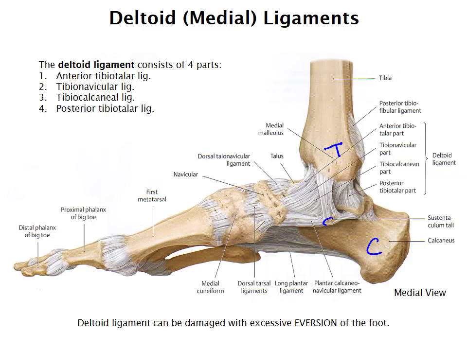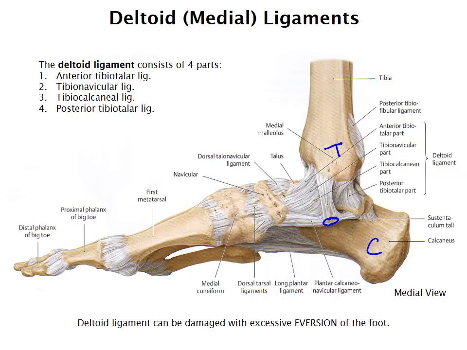I'm going to circle in the sustentaculum tali, or at least the bony part that's showing here between all these ligaments, so you get a good idea of where that is. So what we have here in the writing is the deltoid ligament. The deltoid ligament has four parts: the anterior tibiotalar, the tibionavicular, the tibiocalcaneal, and the posterior tibiotalar ligament.